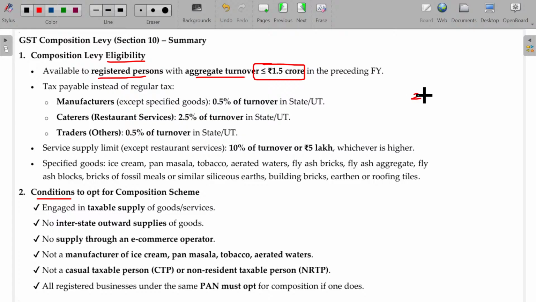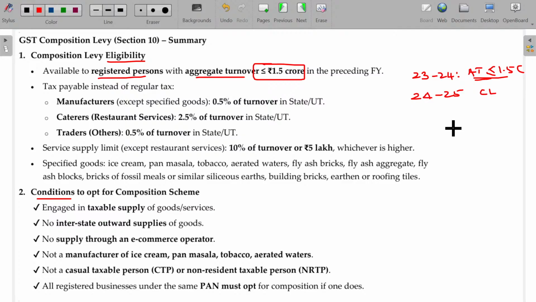We are talking about the previous year 24-25; leave that year, the preceding financial year 23-24. In this year, if the aggregate turnover is less than or equal to 1.5 crores, then he can enjoy composition levy.